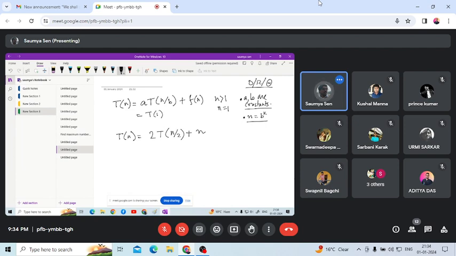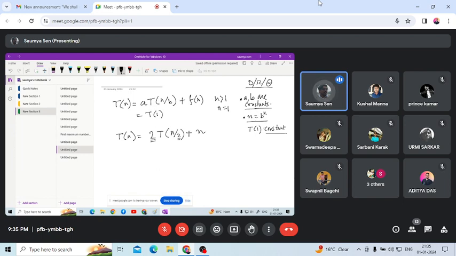T of 1 is also a constant. So in this problem, the value of a is 2, the value of b is 2, and say n equals some 2 to the power k.